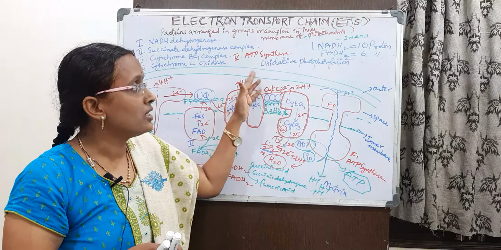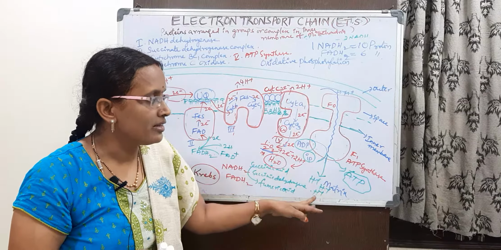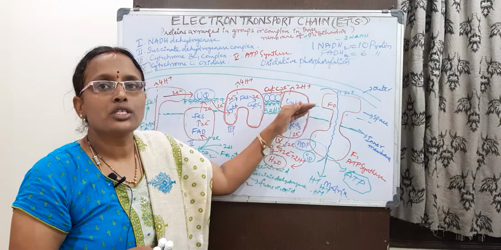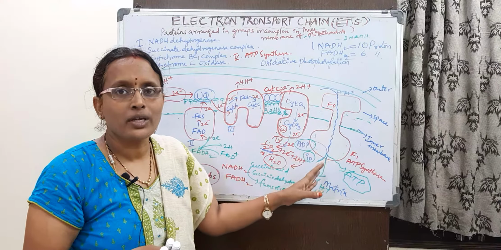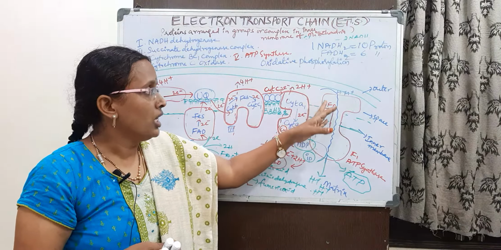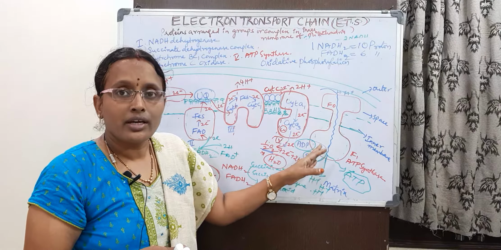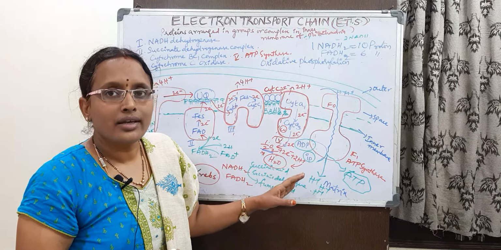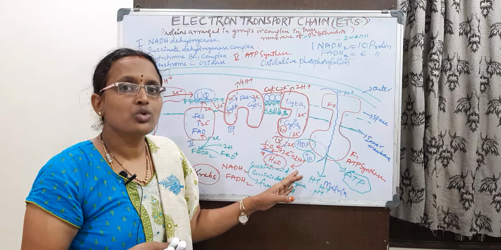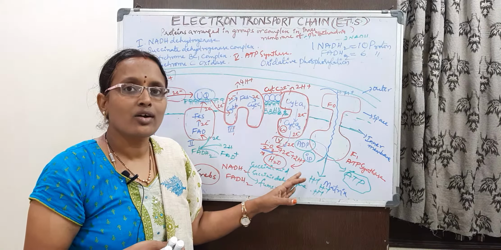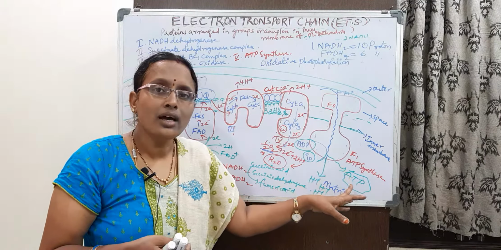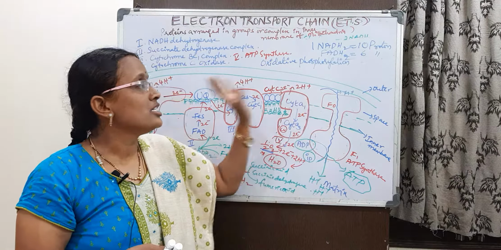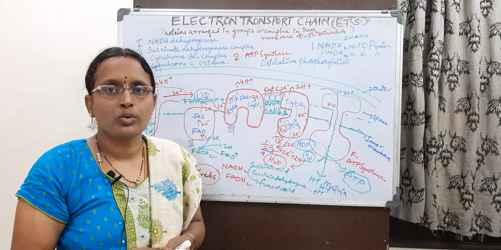So the protons try to come inside the matrix through the special channel, the fifth complex, ATP synthase. When they come down into the matrix, they release energy, and using that energy, inorganic phosphate and ADP are combined to synthesize ATP. This is called oxidative phosphorylation.